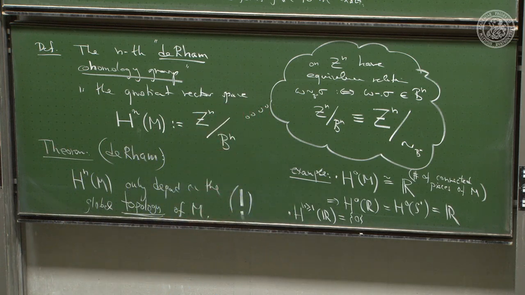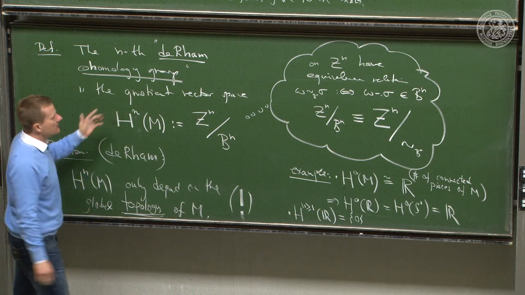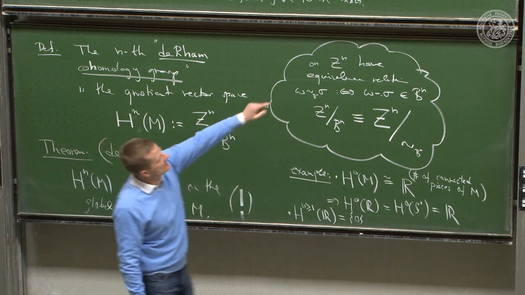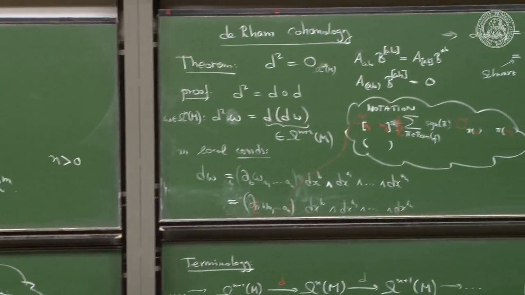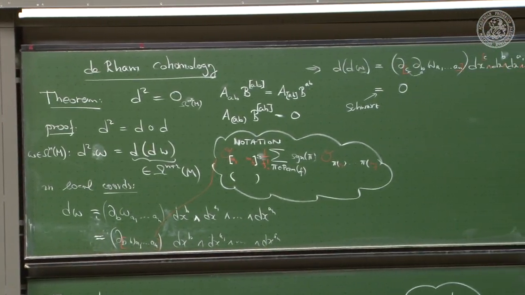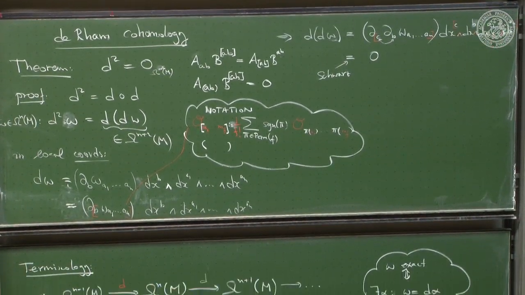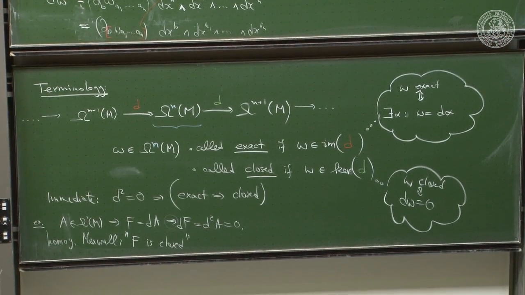Not in a heavy way, but you need it, and we're only going to do this later. But I wanted to give you the theorem first, so the practical calculation is one thing, but the fact is another one. Again, from d squared equals 0, the central underlying identity, we get this sequence with inclusions where always the images are included in the kernels of the next map.